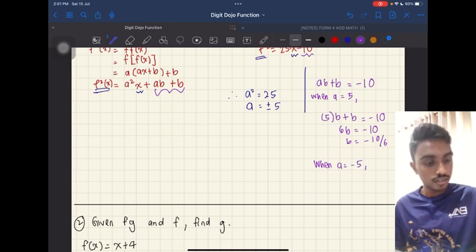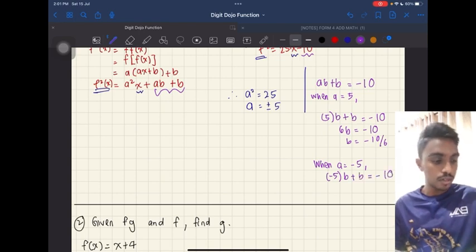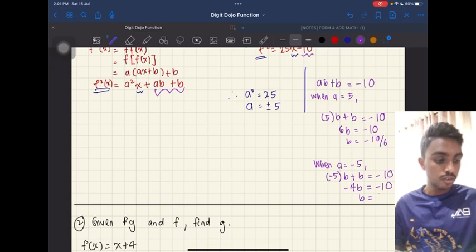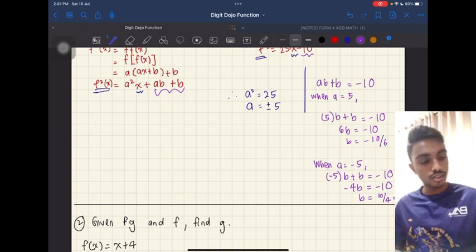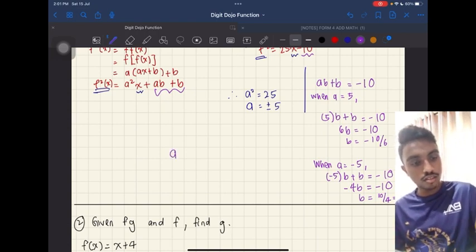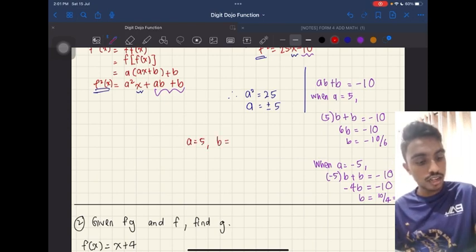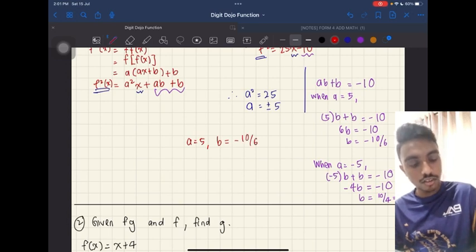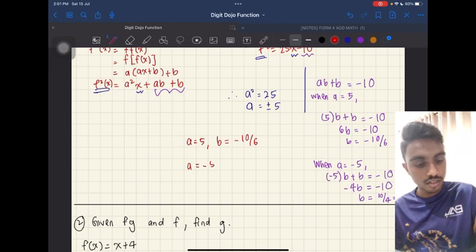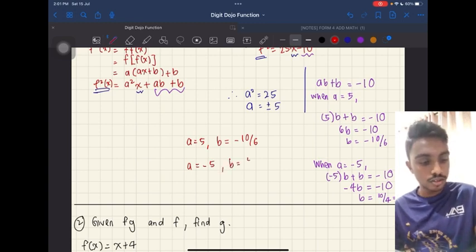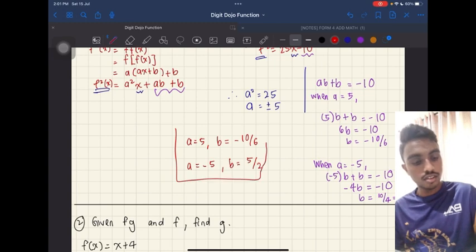When your a is negative 5, negative 5b plus b is negative 4b, equals negative 10, and your b is negative 10 over negative 4, 10 over 4, which is 5 over 2. So your final answer: when your a is 5, b is negative 10 over 6. When your a is negative 5, your b is 5 over 2. Okay, this is your answer.